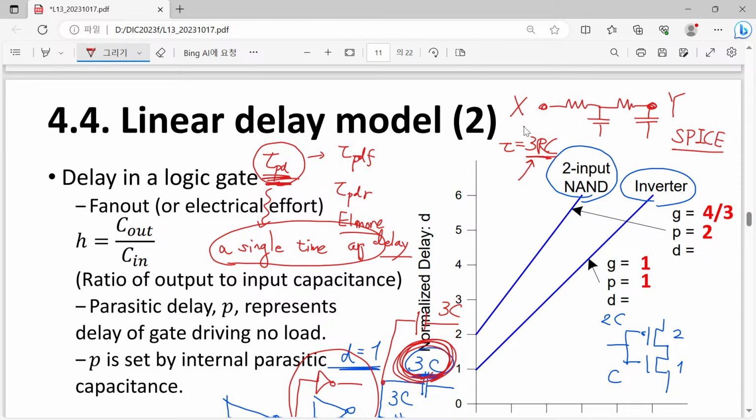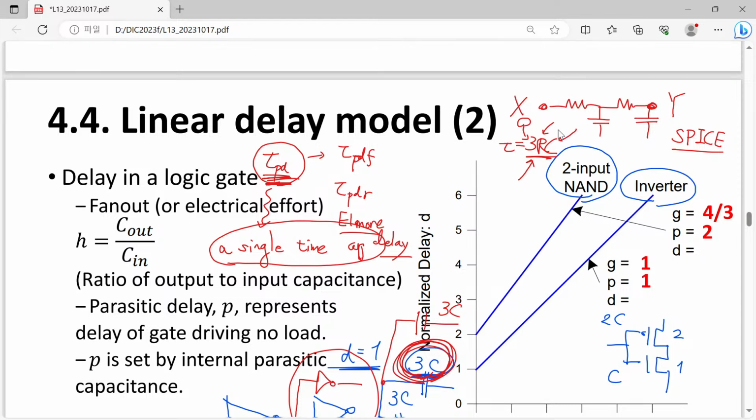We would need a little more coefficient, and our R and C are not very accurate either. So please regard this tau as an approximation of the exact tau PD.